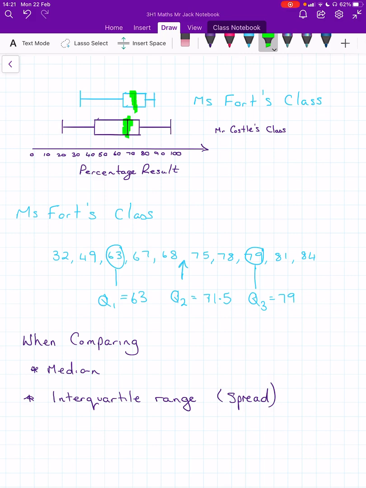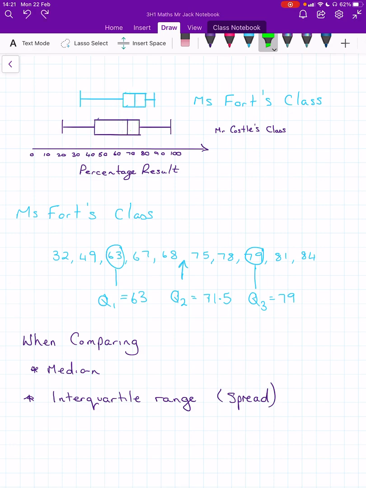To back that up even further, we can see that quartile 3, the upper quartile, is ahead in Miss Fort's class, and so is the lower quartile. So in all three of those measures, Miss Fort's class did better.